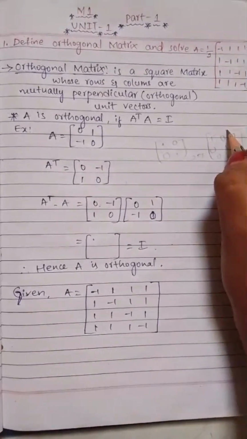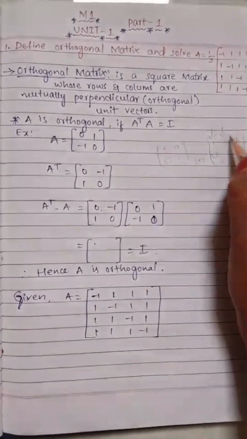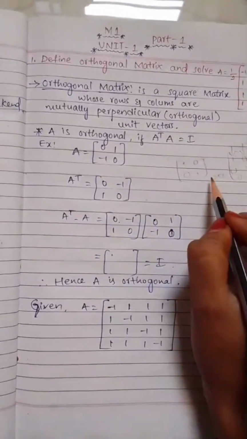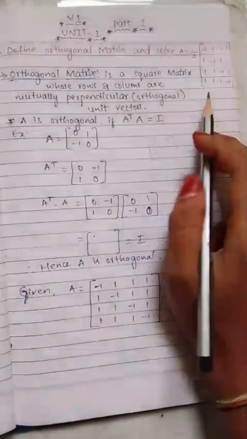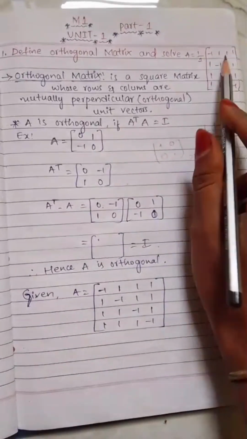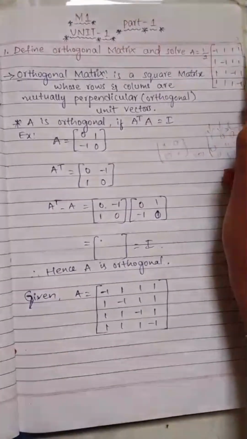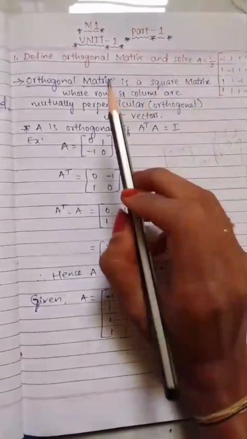We have 3 rows and 3 columns. That is what we call a square matrix: 2 into 2, 3 into 3 or 4 into 4. Here we have 4 into 4, with 4 rows, 1, 2, 3, 4, and 4 columns as well. This is a square matrix.